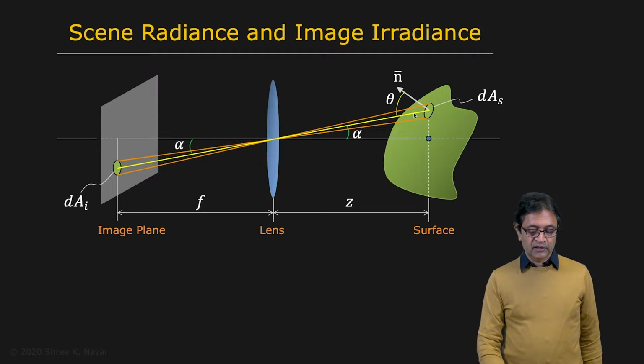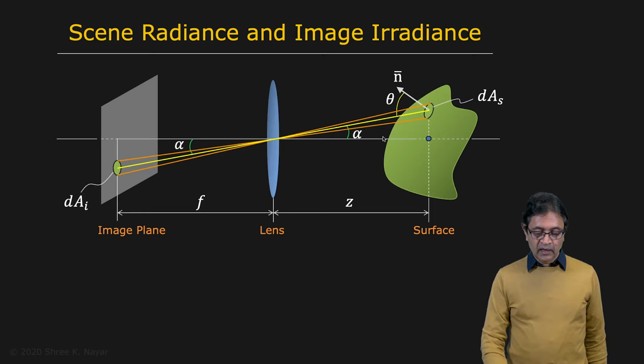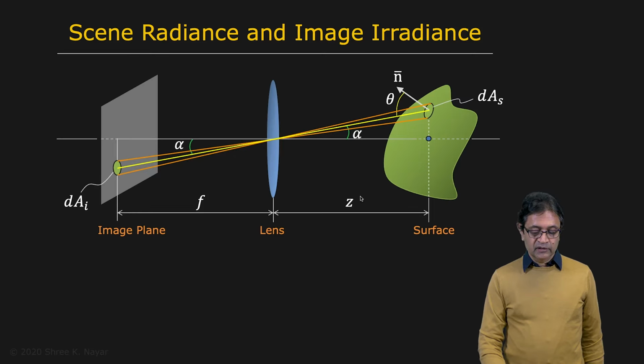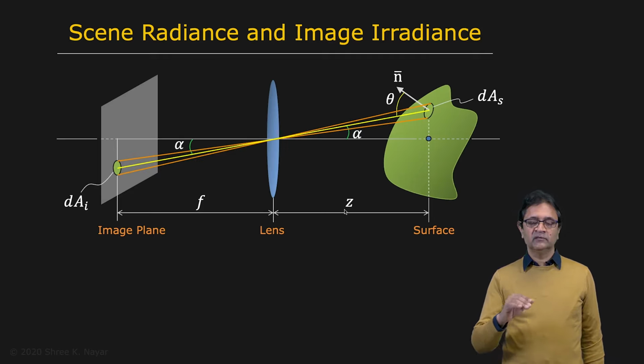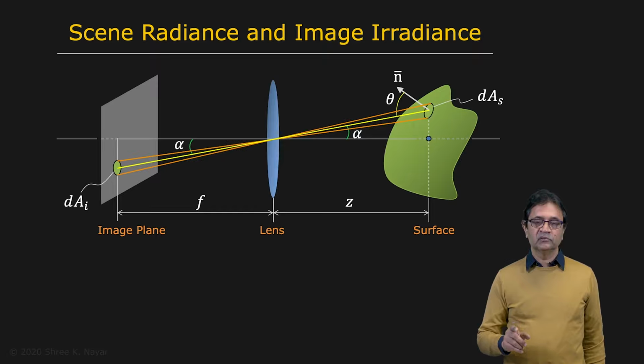And the line of sight itself makes an angle alpha with respect to the optical axis. And the depth of this patch with respect to the lens is Z right here. So what we're going to do is derive a set of equations, and that will lead to the relationship between scene radiance and image irradiance.